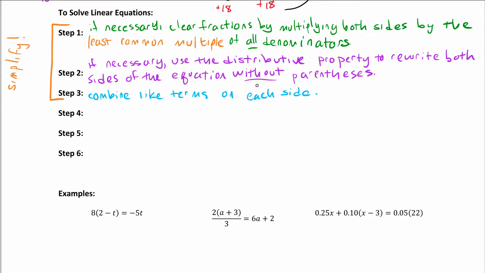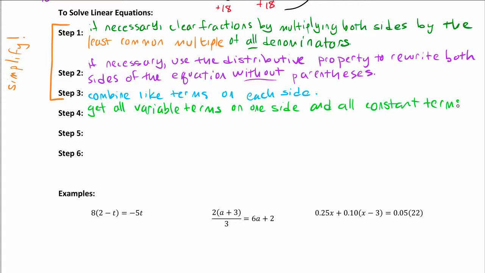So once you've got both sides completely simplified, then you're going to go through and do the 2.2 stuff of getting the equation, getting that x totally isolated. So your first step there is get all the variable terms on one side and all the constant terms on the other side.